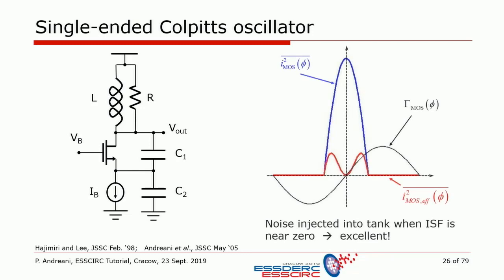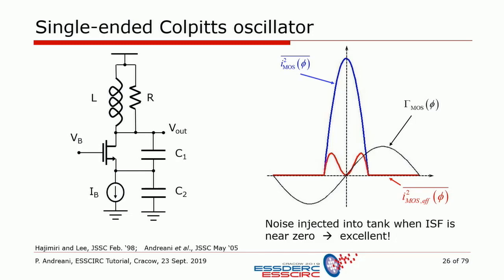Because in this case, there is a huge difference between the noise and the effective noise. Remember, the noise is the noise generated by the transistor, but the effective noise is actually the amount of noise that really contributes to the generation of phase noise. And why is this?